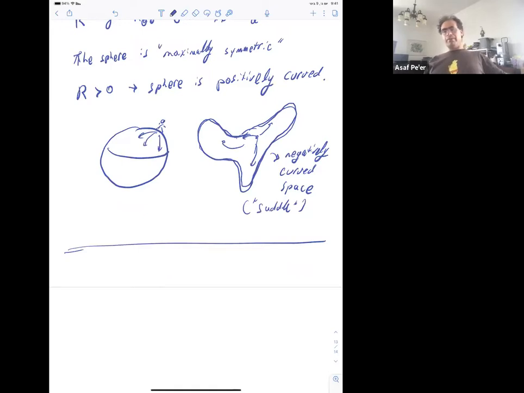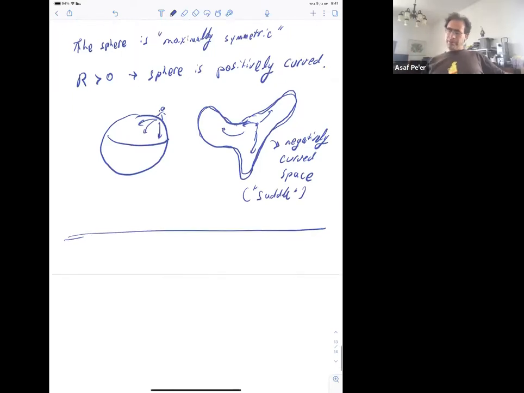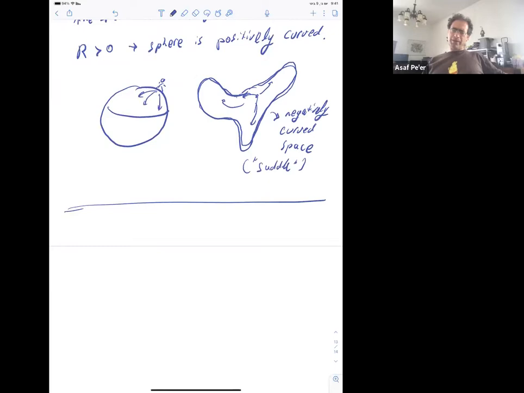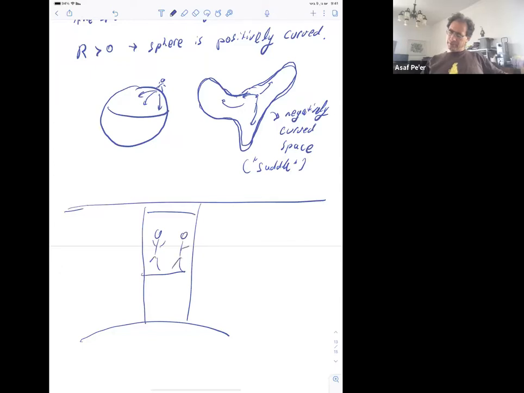Basically, going back to what we spoke about initially, when we discussed the equivalence principle, we said that if we have two people in an elevator which are freely falling, I told you that if they try to measure gravity to a zeroth order, they cannot do it, because everything they do will fall the same way.